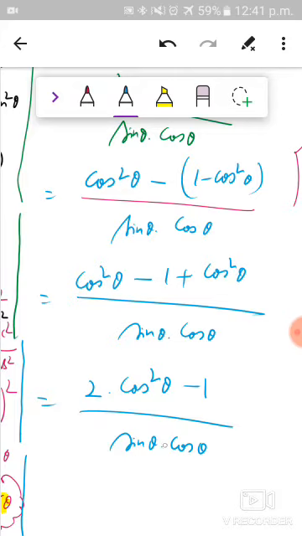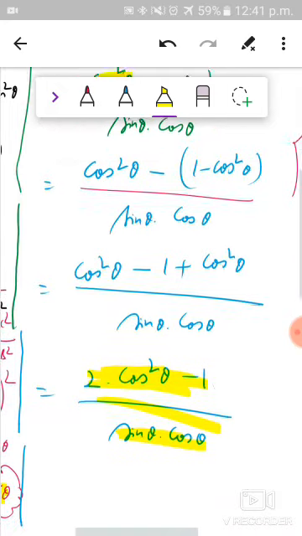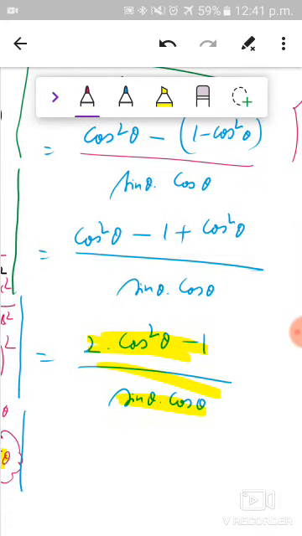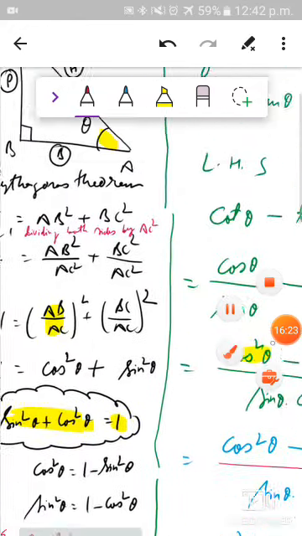So check it out, this is our right hand side: 2 cos square theta minus 1 by sin theta into cos theta. So we proved it. This is how we will use identities. Okay, let me take another page.